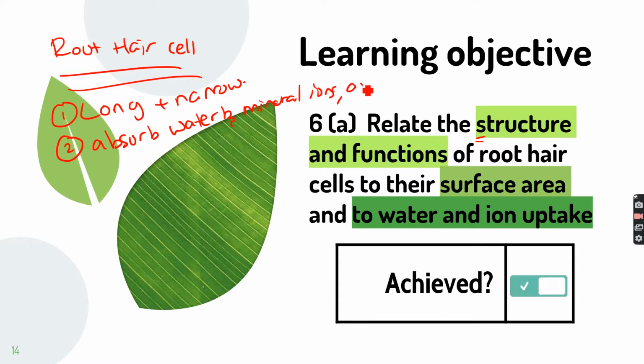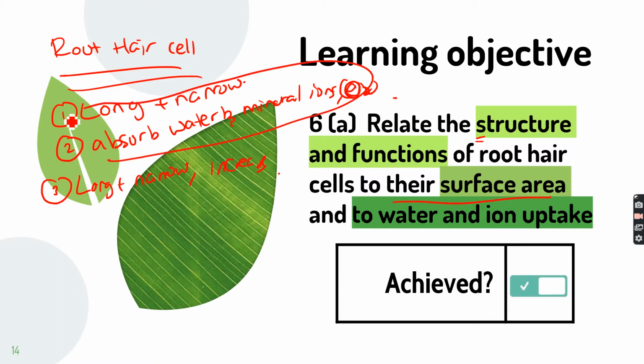They also absorb oxygen, by the way. Sorry, handwriting is bad. The third part is the fact that the root hair cell is long plus narrow. It increases surface area to absorb these things.